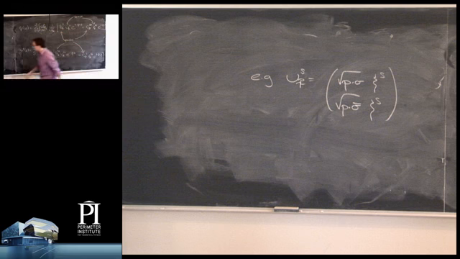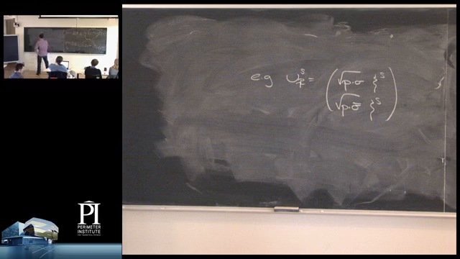Good. Let me just tell you what goes wrong with this theory. We do the same thing we did before. We have commutation relations between these, and they imply commutation relations between B's and C's.